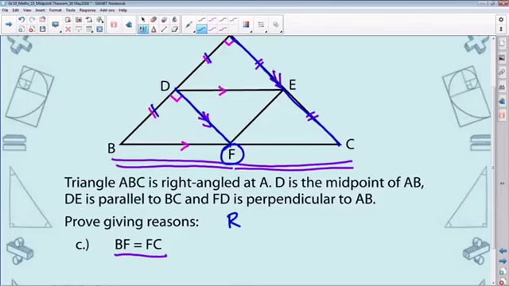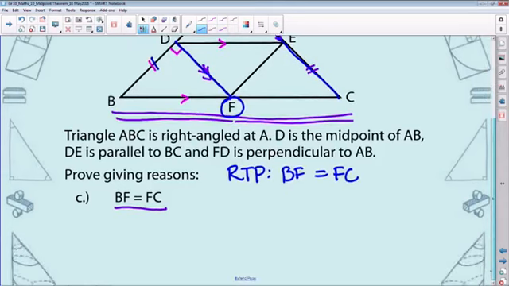So let's write down required to prove BF is equal to FC. And I know I'm going to prove it using the midpoint theorem, so I'm just going to write down over here as my conclusion, therefore BF equals FC and midpoint theorem.